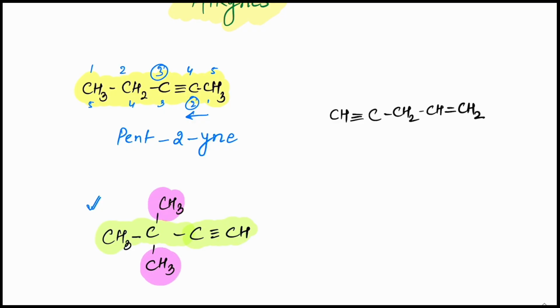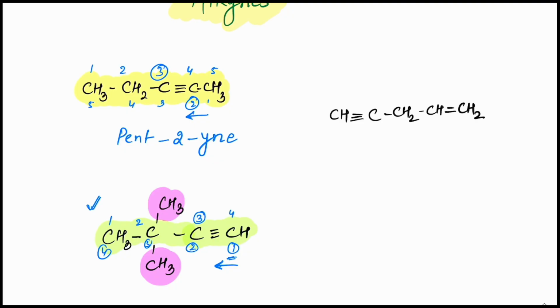Let's start numbering from left to right. We have 1, 2, 3, 4. So the triple bond is at carbon atom 3, but from right to left we have the carbon-carbon triple bond at carbon atom 1. So we will start following right to left in this example.